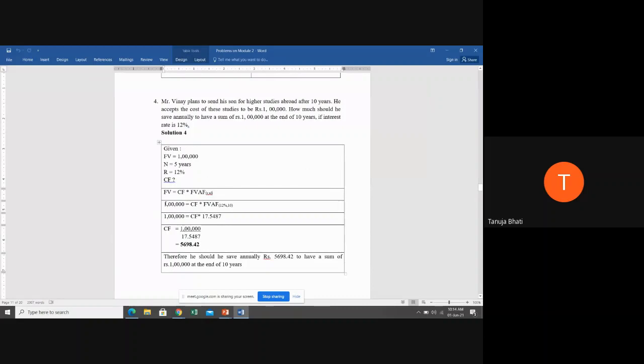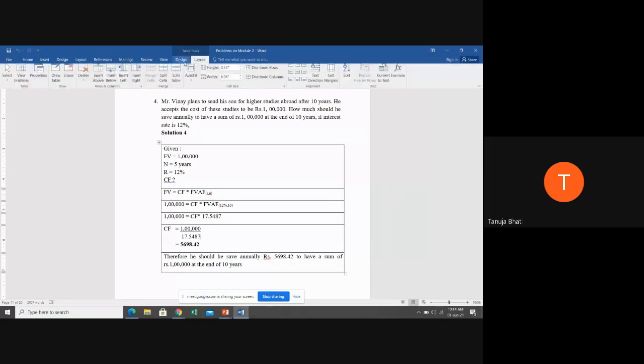So here 1 lakh rupees is given, cash flow is not given, that is what you have to find out, and future value annuity factor you find out by using the rate, that is 12%, and number of years, that is 10. So we are just going to substitute the figures in the formula and find the cash flow. Just a second, students.